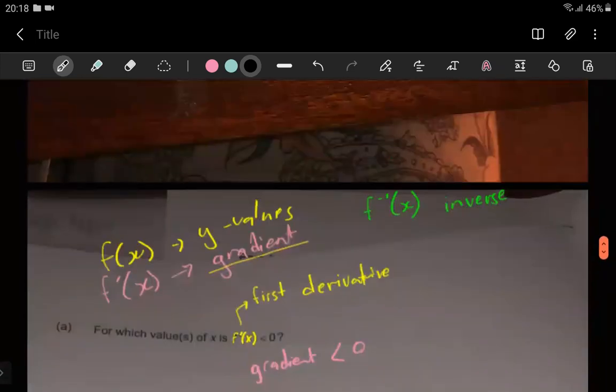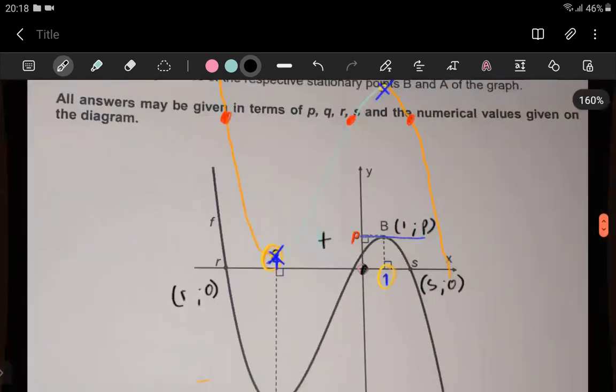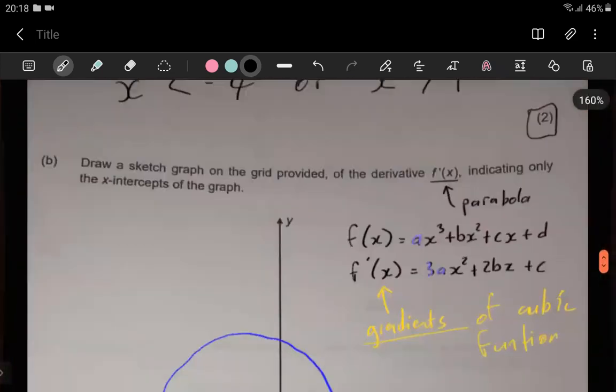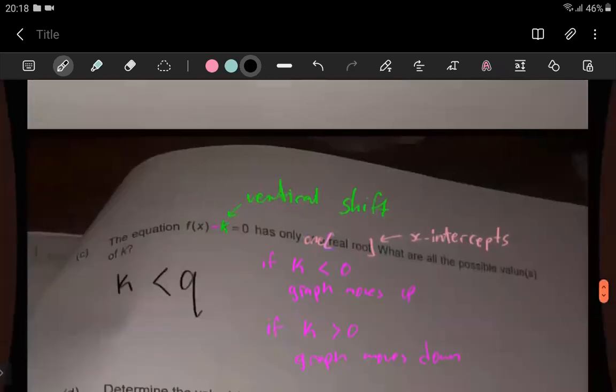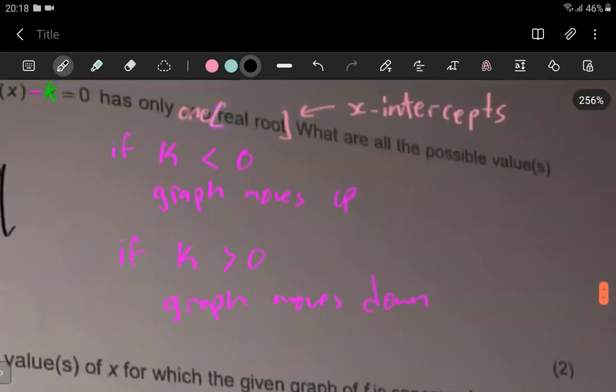The other portion, we mentioned moving the graph downwards. We would need to move it downwards at least p units. So if we're going to be moving our graph downwards here, k has to be a positive number.